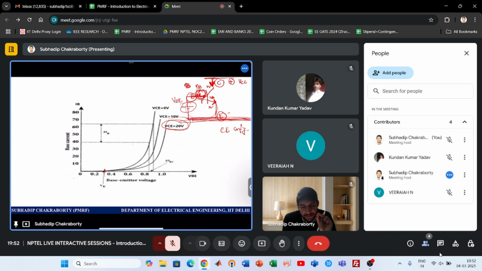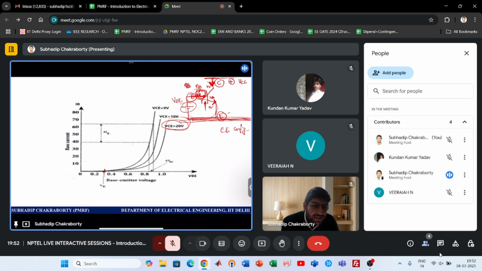Now the base lead voltage needs to be such that it allows the base current to flow. And we can see in the characteristics also that if the base current is high, then it can allow more collector current to flow. That is very intuitive, because if the base current is high, it means more charge carriers are entering the base, so more charge carriers are also forced from the emitter.